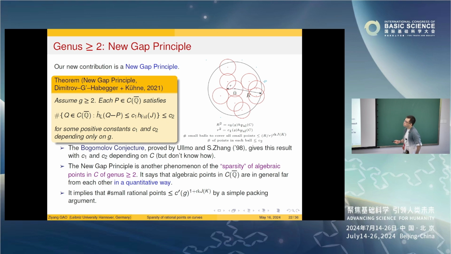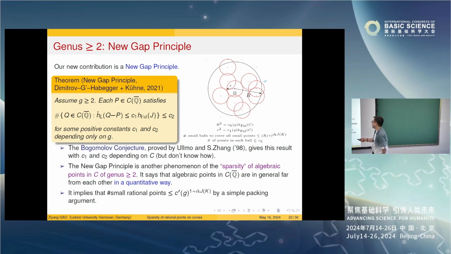Ullmo proved this result with c1, c2 completely unknown, depending on C and P in a completely unknown way. Zhang proved this result with c1 and c2 depending on C in a completely unknown way, where we don't even know what geometric invariant they depend on.